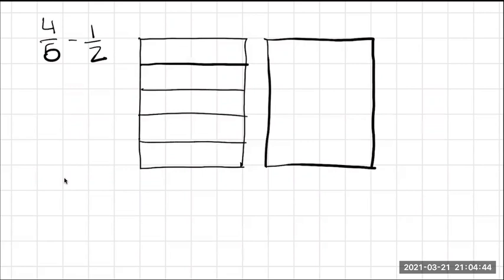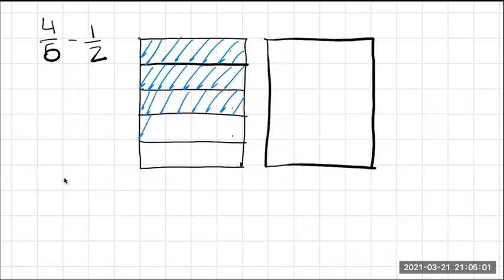That gives us 5 pieces. 1, 2, 3, 4, 5. Let's shade that in blue. There's our 4/5. Then we have 1/2.